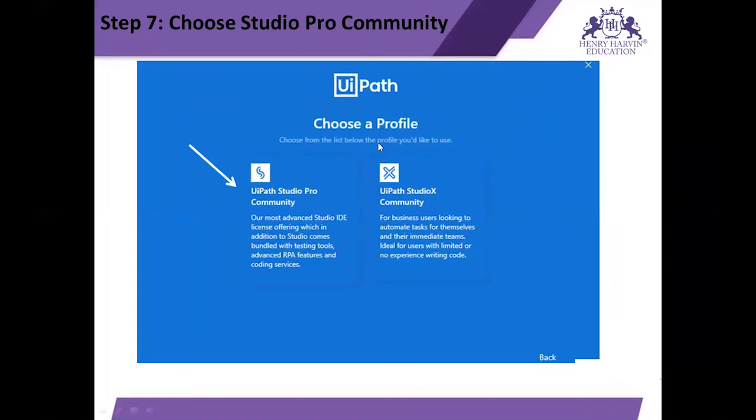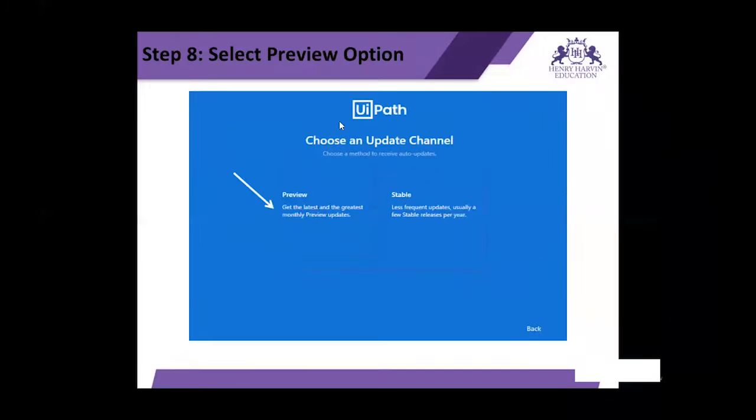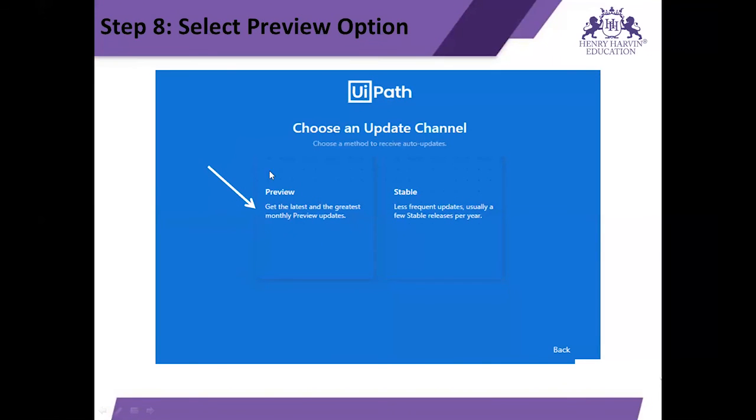Once we click on that, two options will come: UiPath Studio Pro Community and UiPath Studio Community. We will click on UiPath Studio Pro Community because we will be using this platform for our RPA development. Once you click that, again two options will come up. Here you have to click the preview option instead of the stable option.